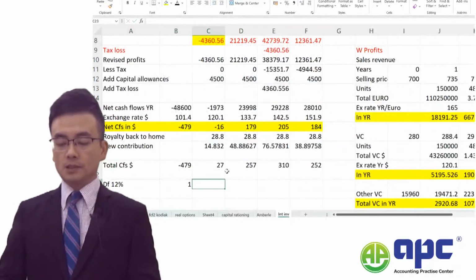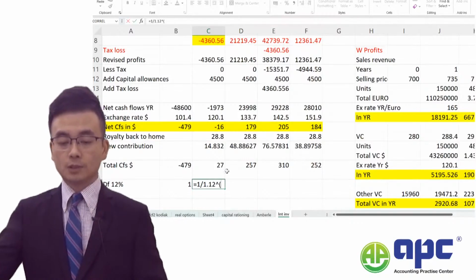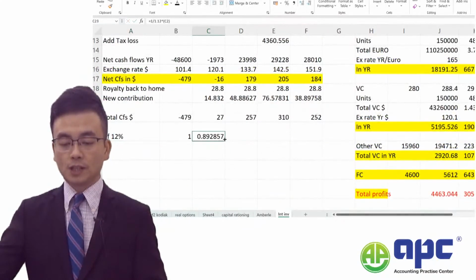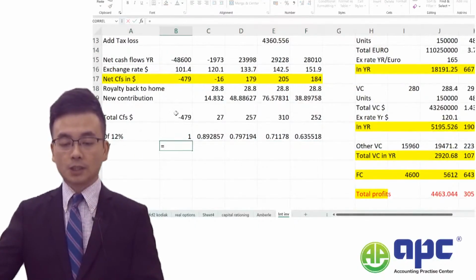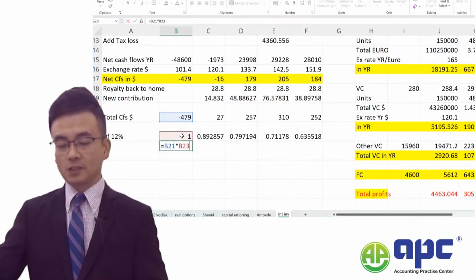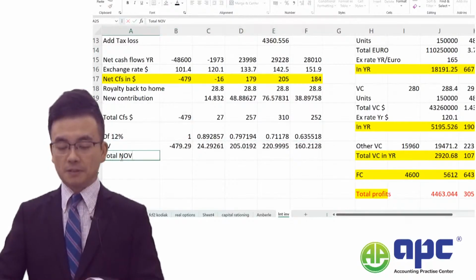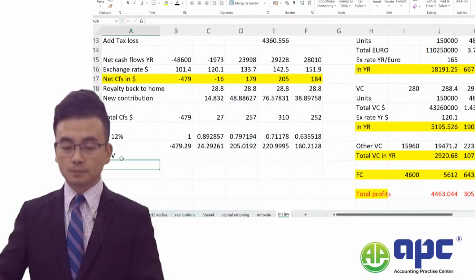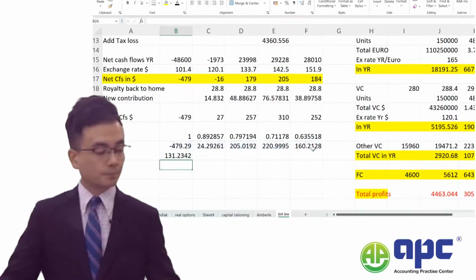So year 1 equals 1 over 1 plus 12% to the power of 1. Close the bracket, press enter, and drag it here. So you can calculate the present value using the total cash flows times the discount factor, drag it here. The total NPV, or the NPV of the project, will be the sum of these present values. Press enter.